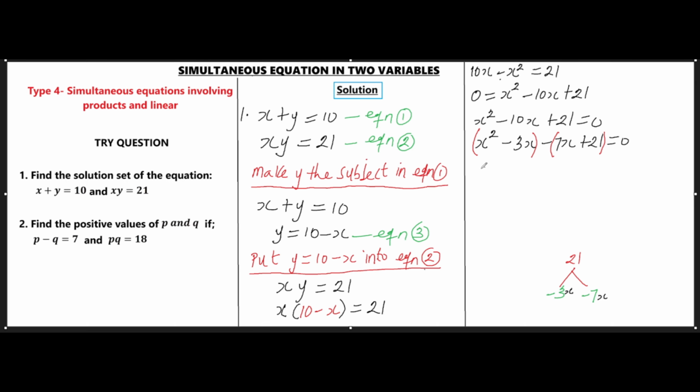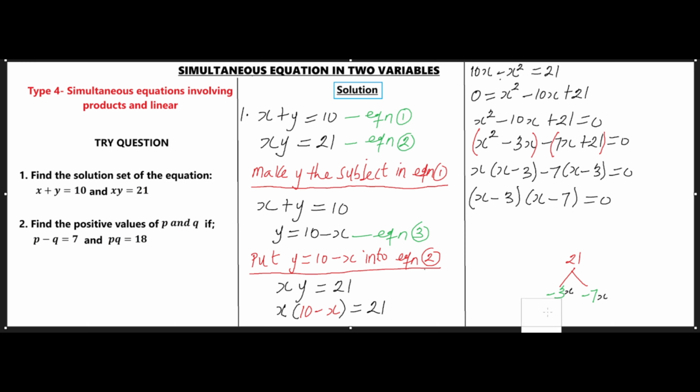For the first bracket, the common factor is x. When we factorize x out, we are left with x minus 3. Then for the second bracket, the common factor is 7. We are left with x minus 3. And this must be equal to 0. So we have x minus 3, x minus 3. We select 1, and then the outside factors, we also have x minus 7. And this must be equal to 0.